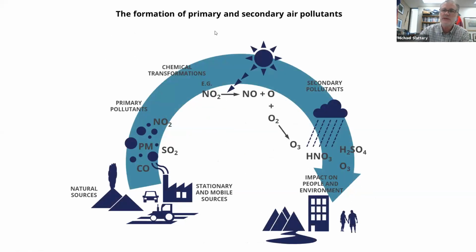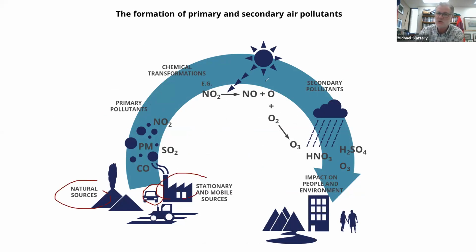Right, next point here. There is a really key distinction here, everybody, between what we call primary pollutants and secondary pollutants. So that's the first point that I'd like you to appreciate. Primary pollutants are those substances that are emitted directly into the atmosphere, right, from the source. Now, those sources can be mobile, right? They can be vehicles, they can be natural, although that's a much smaller contribution.